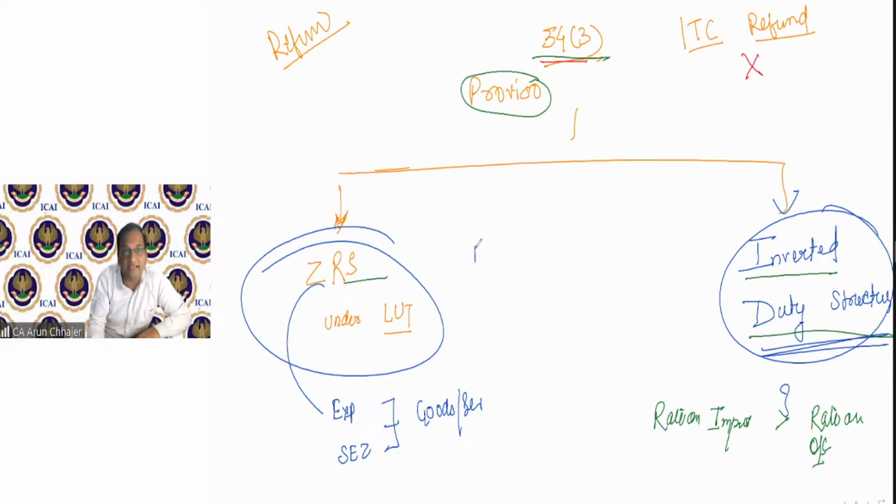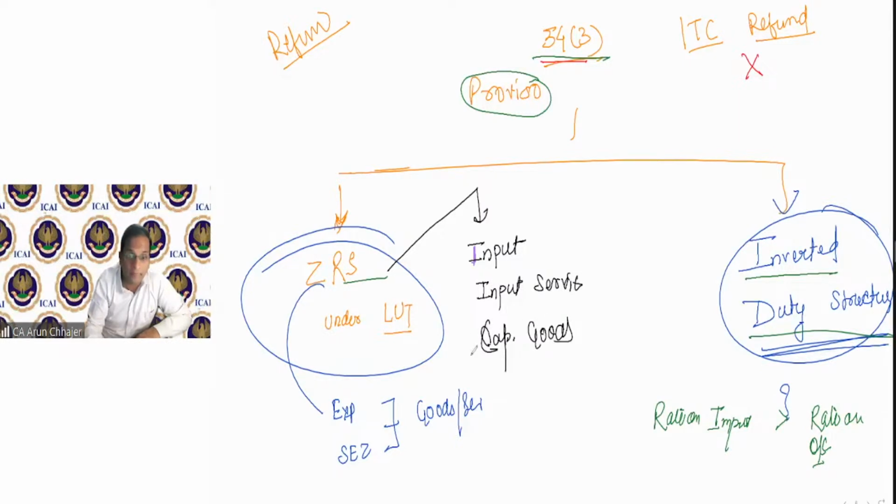A difference is here you will be entitled to take the refund of input and input service. किस चीज का रिफंड नहीं मिलेगा इस केस में? इस केस में कैपिटल गुड्स का रिफंड नहीं मिलेगा. And in this case, will you get the refund of input, input service, capital goods? यहां पर सिर्फ आपको पहले वाले का रिफंड मिलेगा, बाकी दो ब्लॉक है.